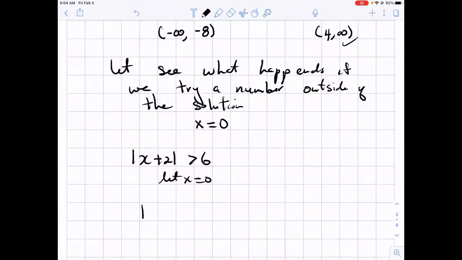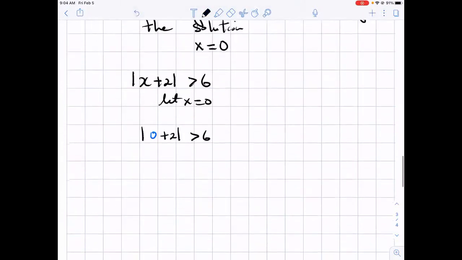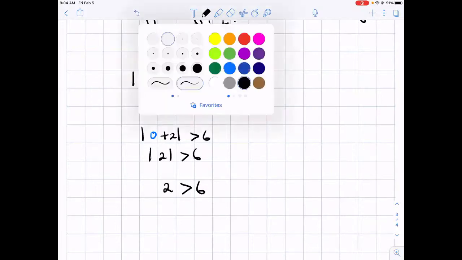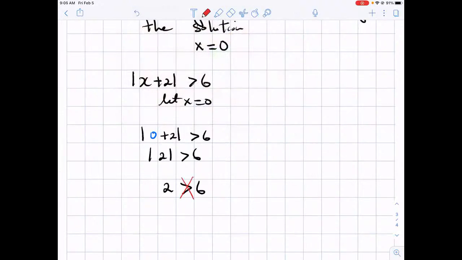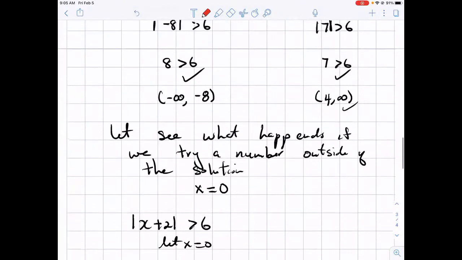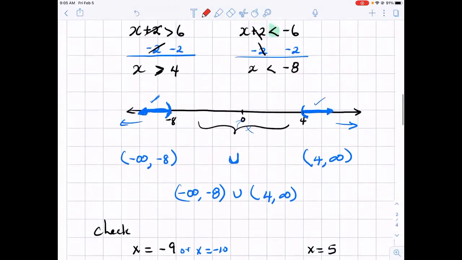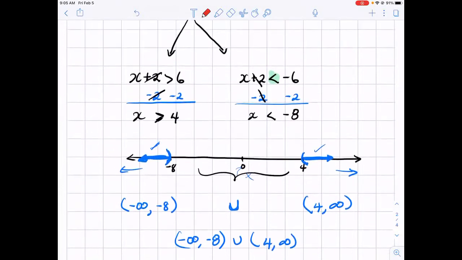If x is equal to 0, we have 0 plus 2, which is 2. And the absolute value is 2, and 2 is greater than 6 is not true. Not true. So here you see, for this solution, you have two intervals. Two intervals in our solution.